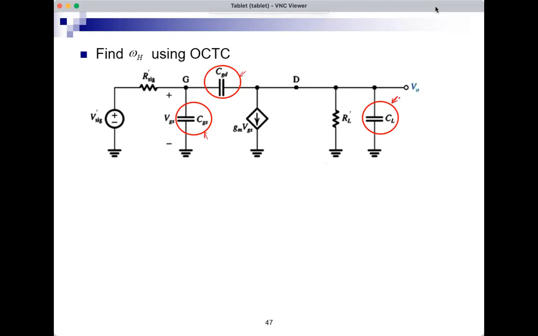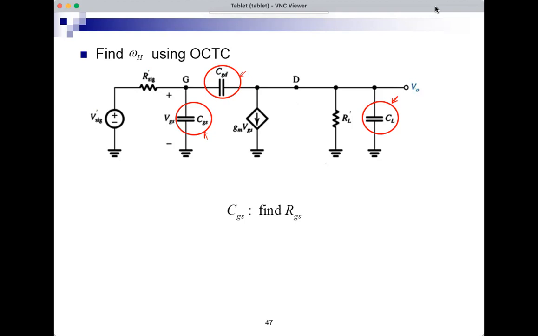And now I need to find the resistance seen by each of CGS, CGD, and CL. When the other capacitors are open circuited and the signal source is set to 0, the capacitor is replaced by a test source, and I want to measure Vx over Ix. Great. This looks like fun.